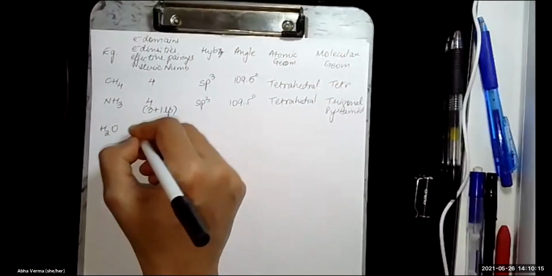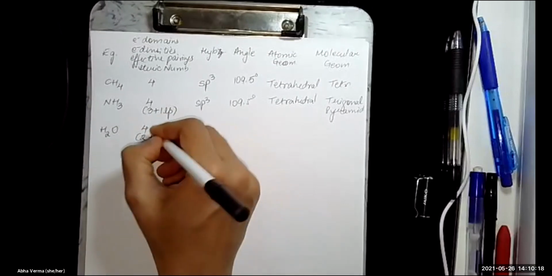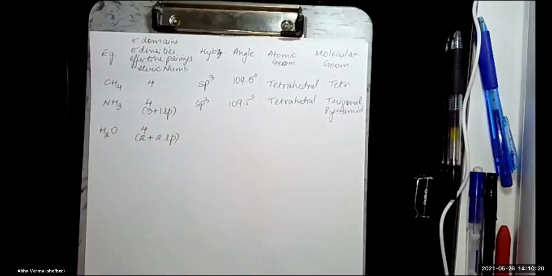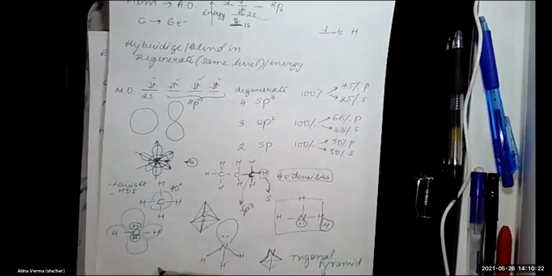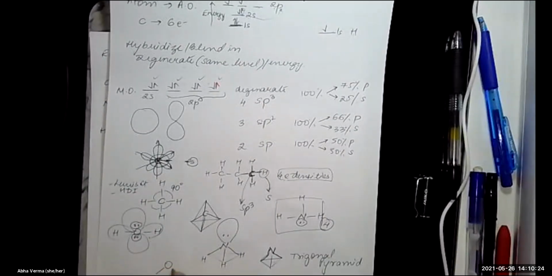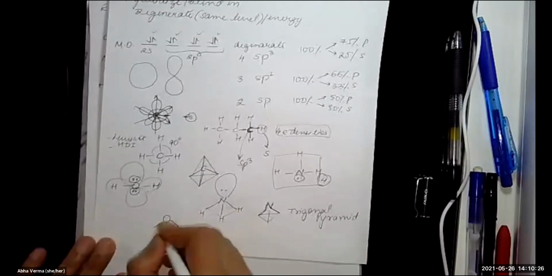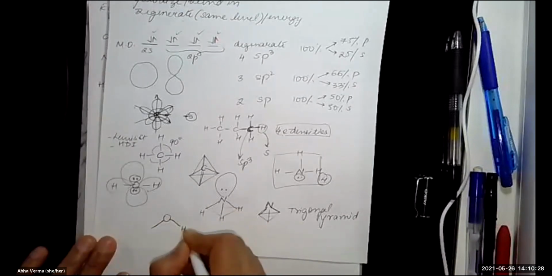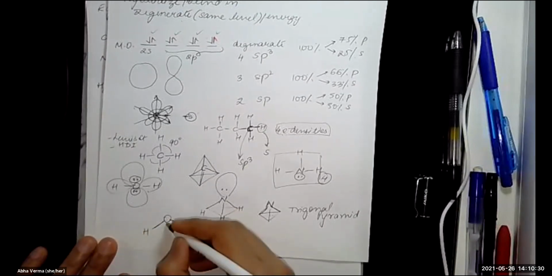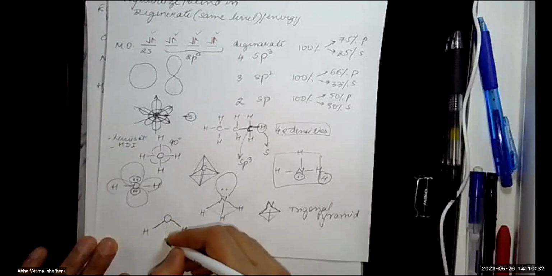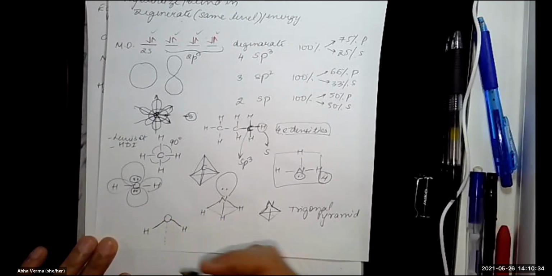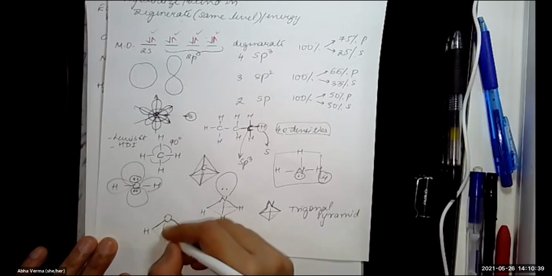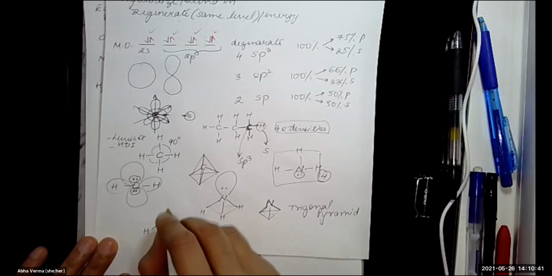And now I have 2 bonding, but 2 lone pairs. So how will I draw this? I'm going to draw my tetrahedral structure first. Instead of drawing my lone pair, I'm just going to draw my dashed line. And then one goes up.